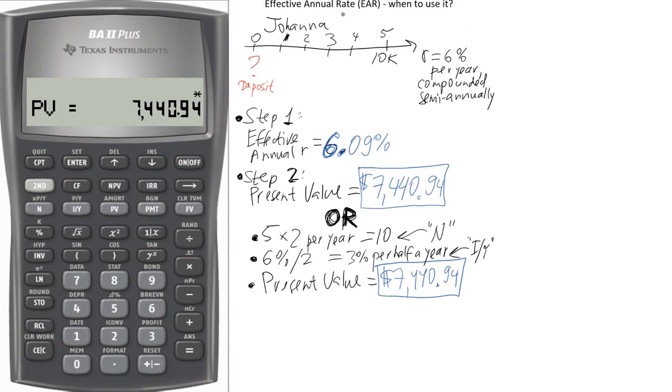Okay. Now let's say Joanna has a friend, another finance student. His name is Ben. And he's kind of trying to solve a similar problem. Year 0, year 1, year 2, year 3, year 4, year 5. He also would like to have 10,000 in 5 years.